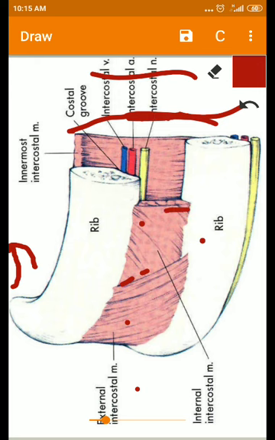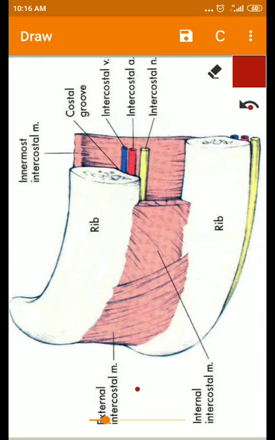Okay, this is about the internal intercostal muscle extension.